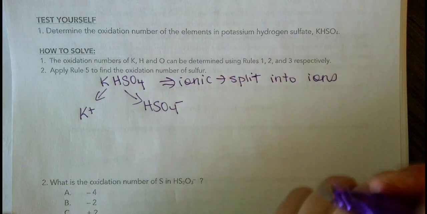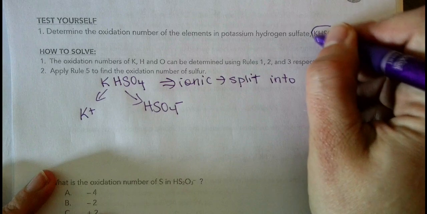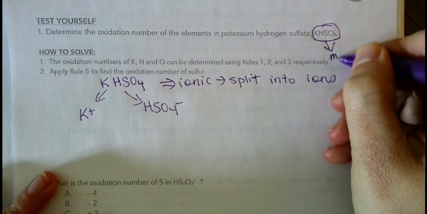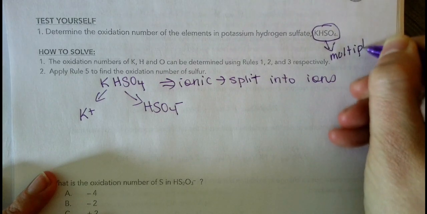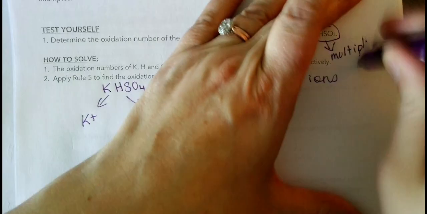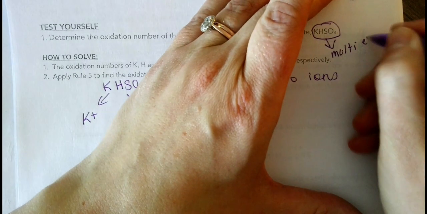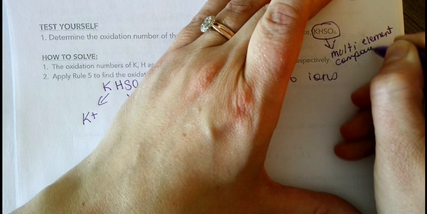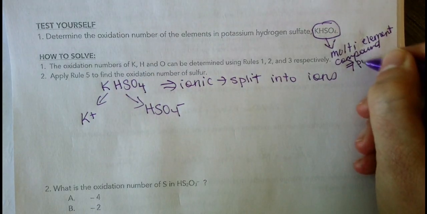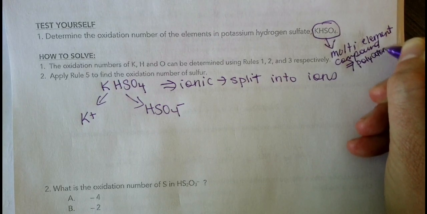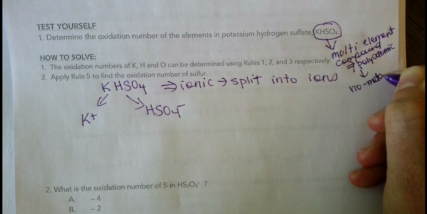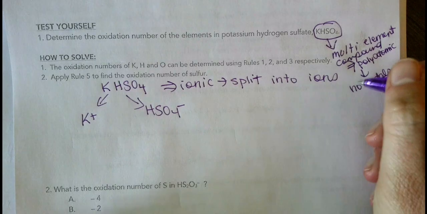In reality, friends, unfortunately, I didn't teach you 1206 or 2202, but anytime you have a multi-element compound, this is polyatomic. So you got to look at your table, okay, friends? And there are no metals in the polyatomics. Maybe that will help you figure out what you're dealing with.